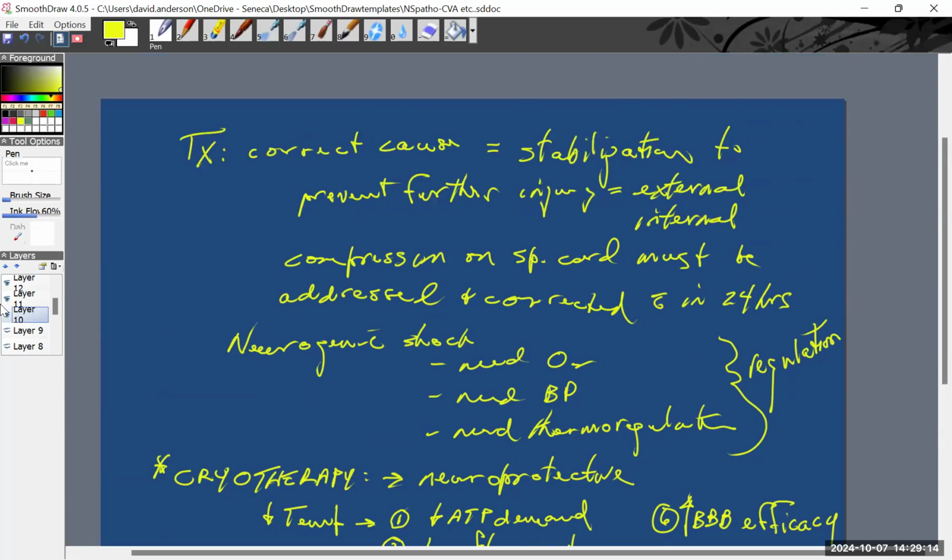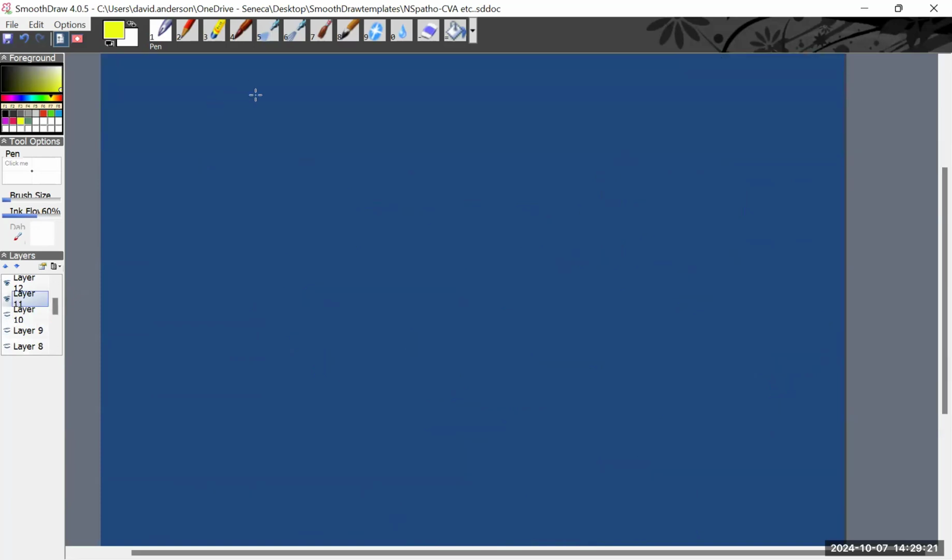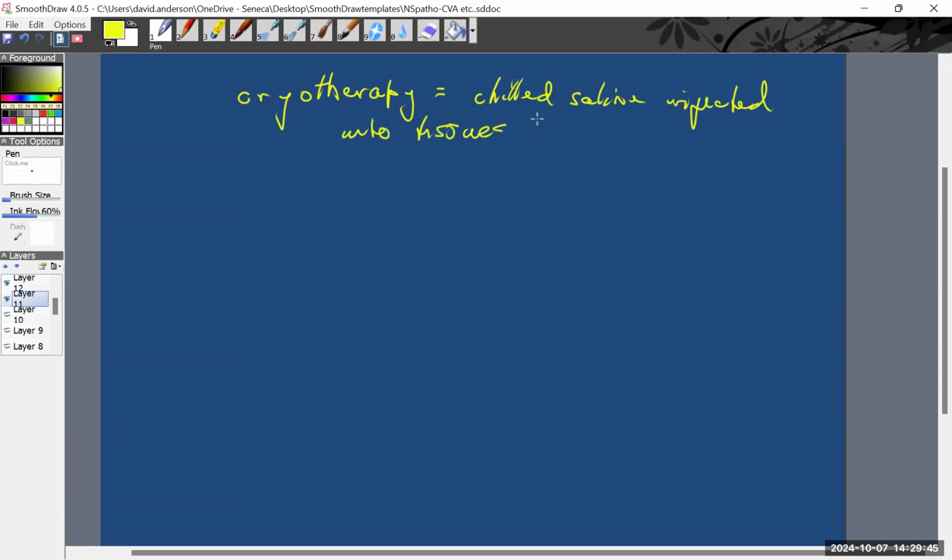So basically the mechanism here for cryotherapy is the introduction of chilled saline to tissues around the spinal cord.